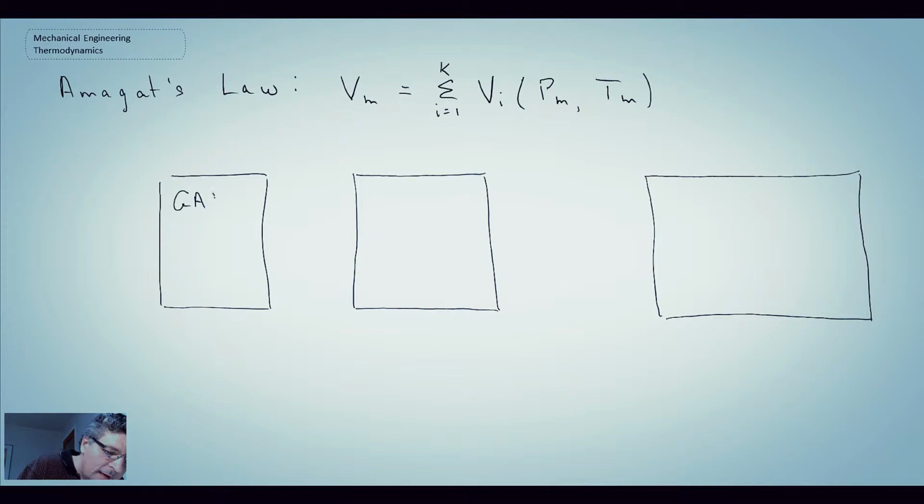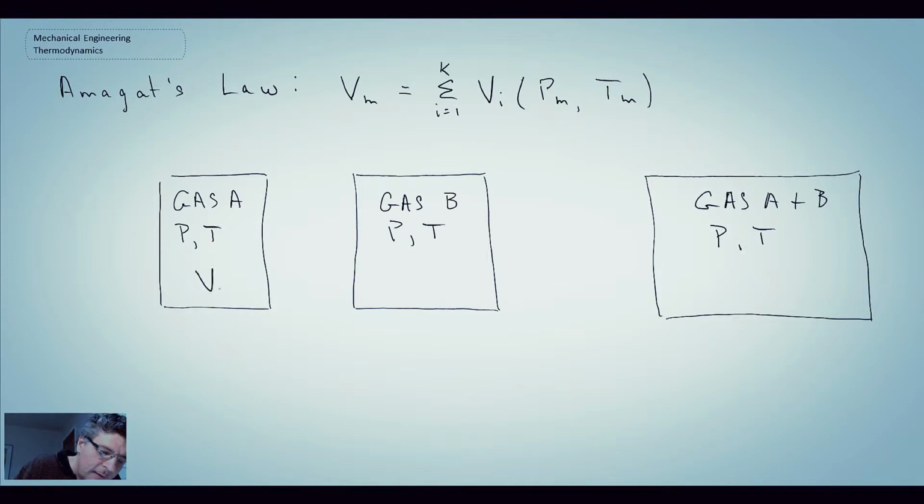So if we have gas A at pressure and temperature, gas B at the same pressure and temperature, and then this is gas A plus B, again at the same pressure and temperature, we would have volume A, volume B. When we combine them together, the volume of the final container will be VA plus VB. And so that is a graphical illustration of Amagat's law, which is also written in the summation at the top.